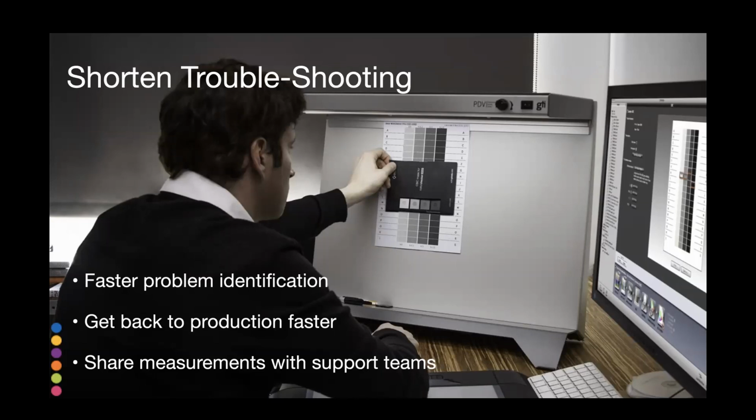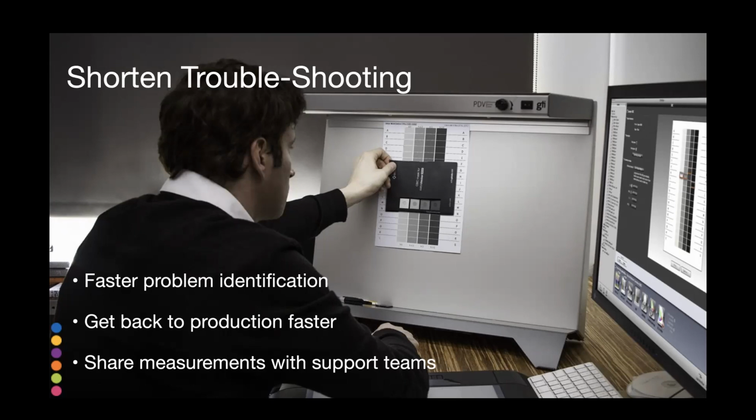When problems occur, it's nice to have a little more information from additional patches at times, or some additional analysis that helps the operators or press techs or other support personnel to look into the problems in a little more depth and see what kind of things might be going on, whether there are ink contaminations or, as I mentioned, media problems, measurement problems. It's nice to have a system that actually monitors the measurement equipment itself and allows you to do verification of that.